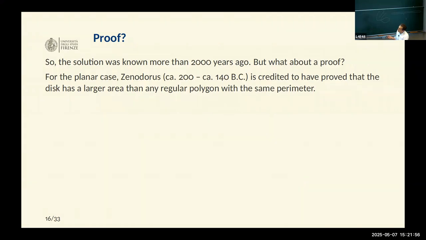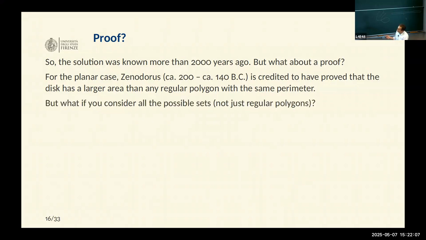And for the planar case, what about the proof? One thing is to know the solution. Another thing is to know that it is really a solution, to have a proof. So Zenodorus proved that if you take any regular polygon with a fixed perimeter, then the disk is better from this point of view.